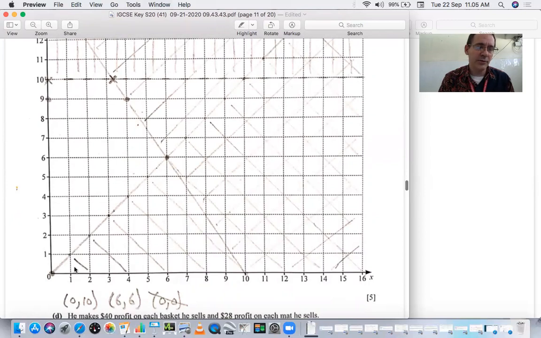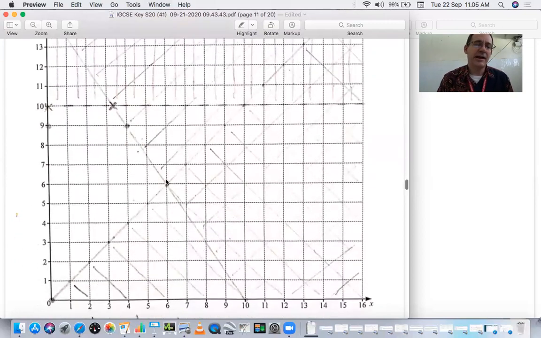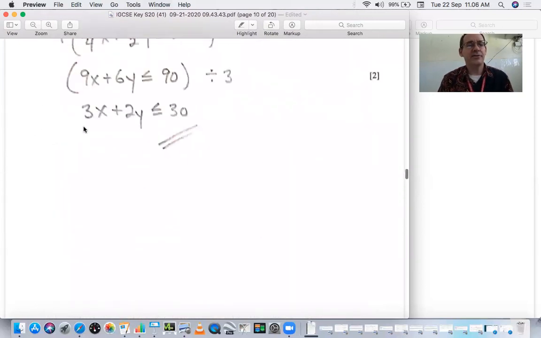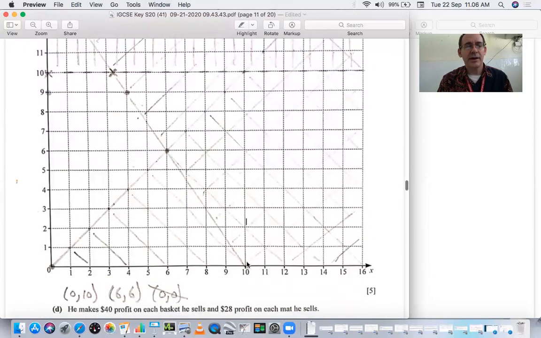If y equals x, that means 1, 1, 2, 2 starts at 0. That's your y-intercept with a slope of 1. So you just go all the way up here to the corner, going up 1 over 1, and use your straight edge to draw a solid line through that. Then our bottom one is 3x plus 2y less than or equal to 30. So 30 divided by 3 is 10. So we have a 10 on the x-axis.